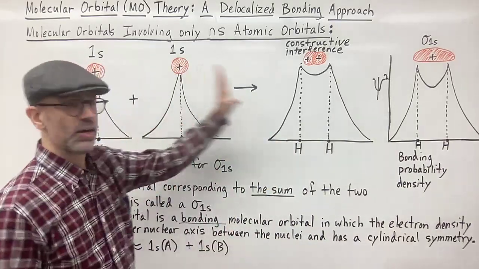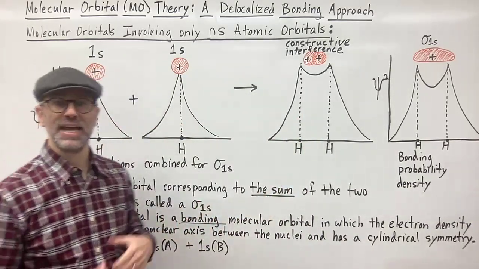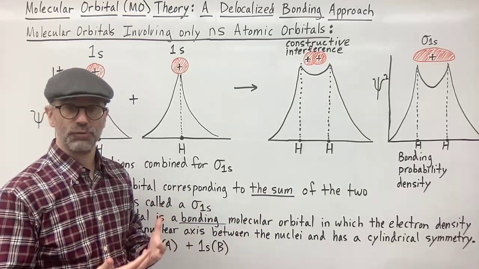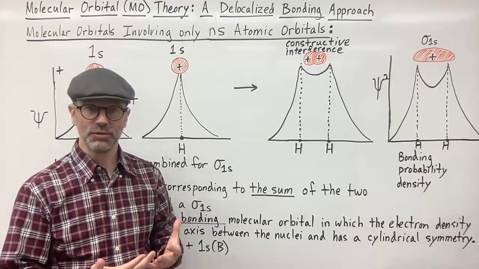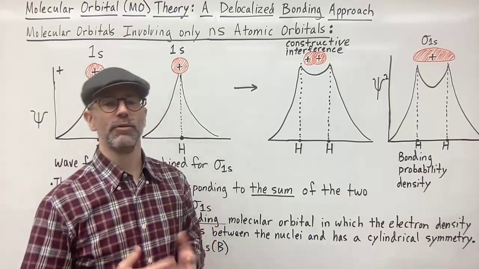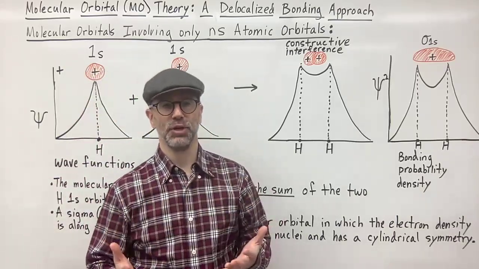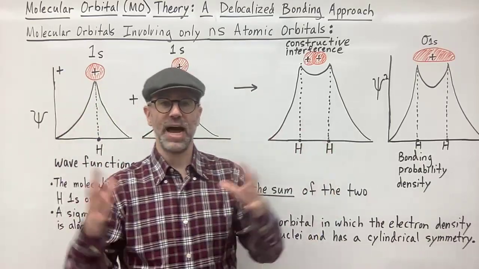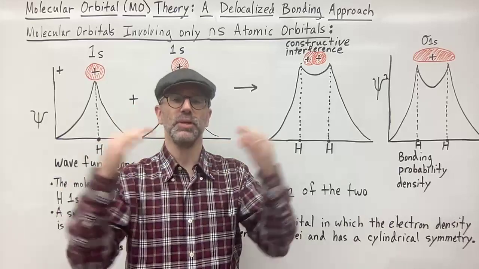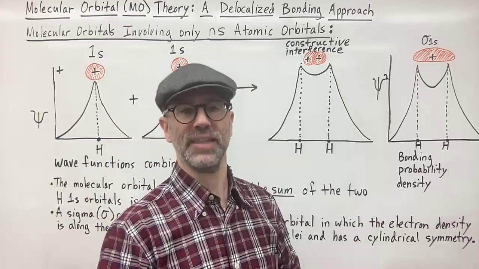And this is what we mean by a sigma molecular orbital forming from two atomic orbitals by constructive interference. Well, what does it look like when they come together not constructively but destructively? Let's talk about that next.